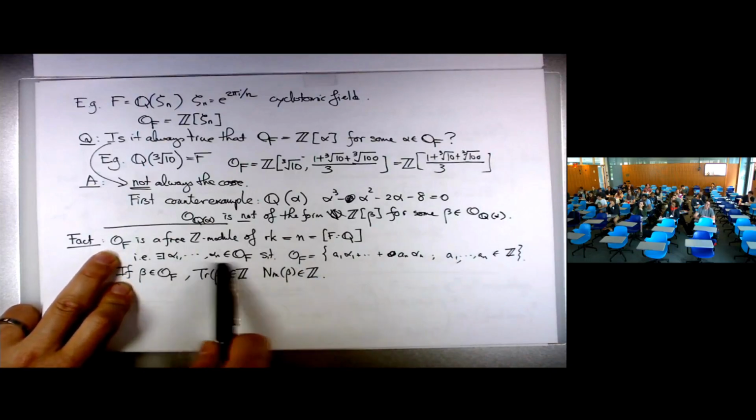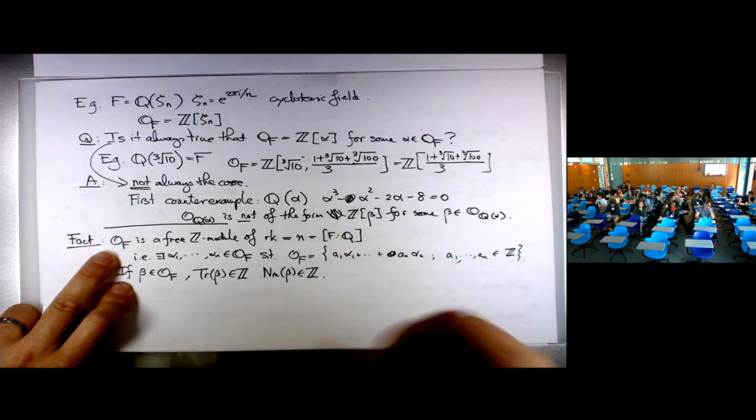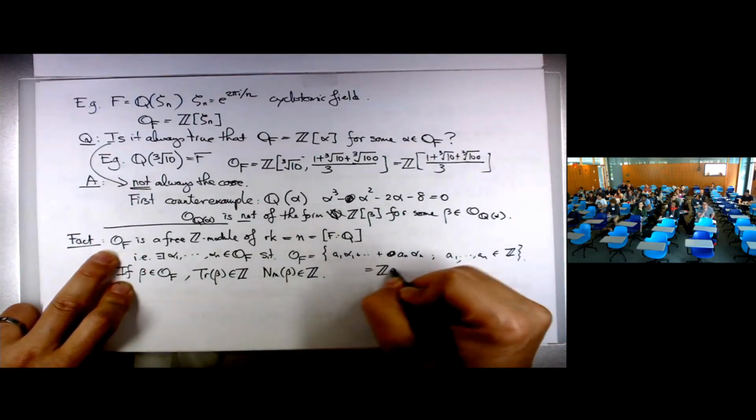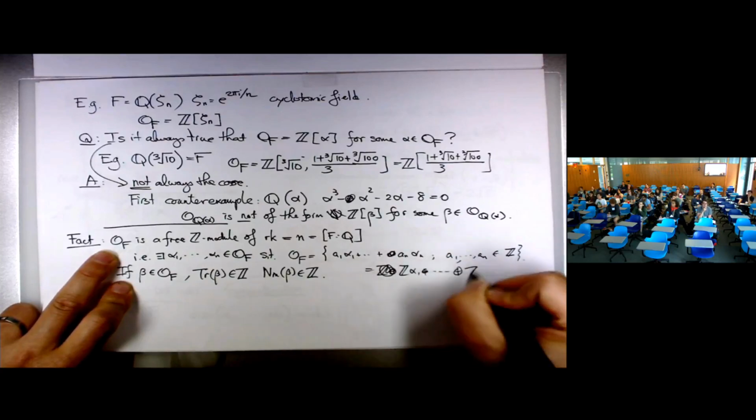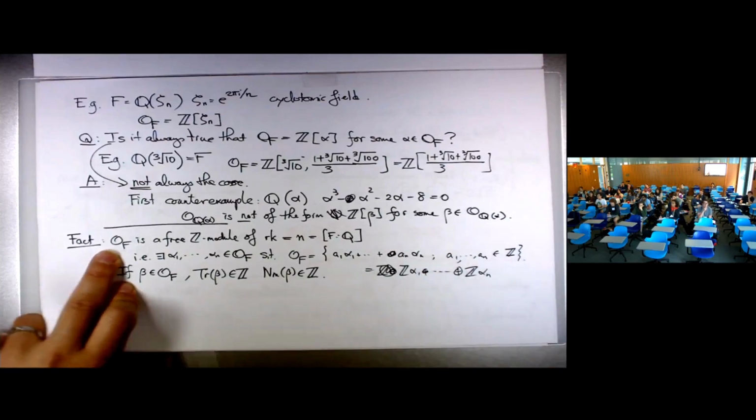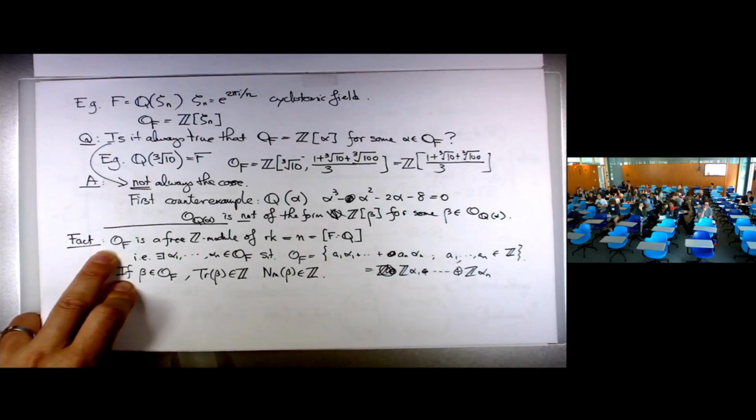Then I can find alpha 1 through alpha n such that OF looks like this. In a fancy way, this writes as Z alpha 1, ..., Z alpha n.